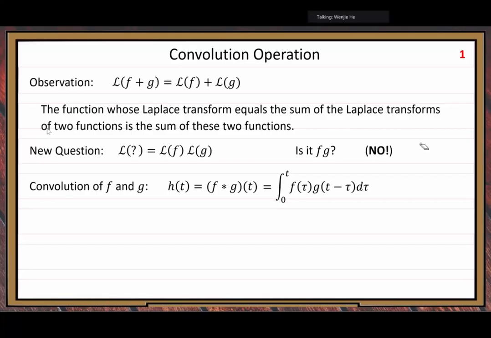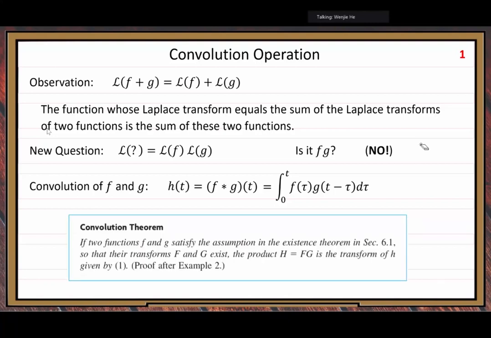This operation is very useful. It has some nice properties. Then the convolution theorem. We have this nice convolution theorem. If two functions f and g satisfy the assumptions of the existence theorem for the Laplace transform, remember that bound, right?